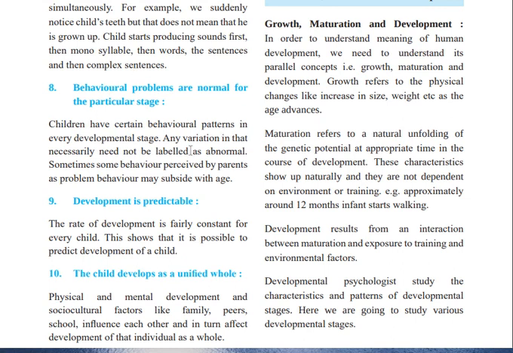So children have a certain behavioral pattern in every development stage. Any variation in that need not be labeled as abnormal. Sometimes some behavior is perceived by parents as problem behavior, and so we can say that in every stage there are some behavioral issues.